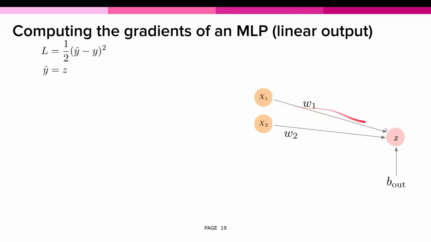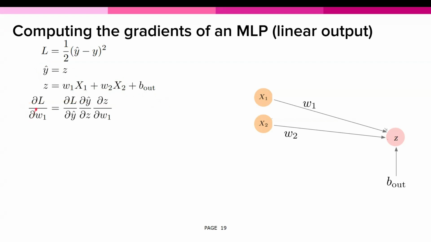So z is w1x1 plus w2x2 plus b out. So our prediction is simply an affine function of the original input features. That's the structure of the network.